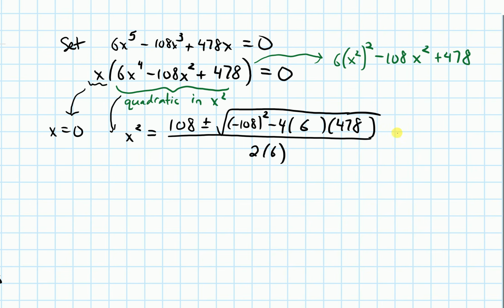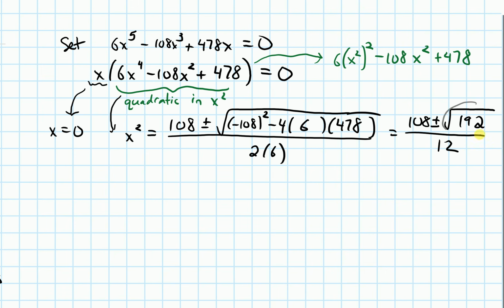Okay, so now simplifying this, we end up with 108 plus or minus the square root of, and I can use a calculator to work out what this number inside of the square root is. It ends up being 192, and then on the bottom I have 12. So now I need to ask myself, is there anything I can take out of this square root of 192?